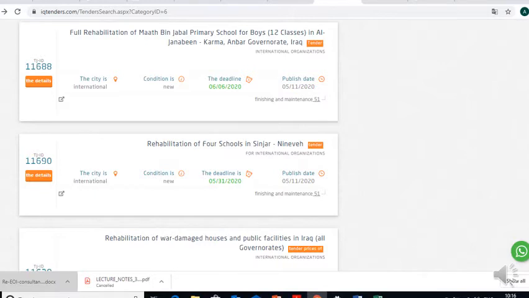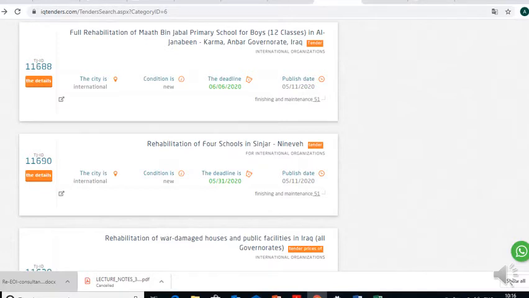So you don't need to look far here to realize there is a lot, and I mean a lot, of civil engineering opportunity in the north of Iraq. There is a lot, because after ISIS, after Daesh and the war, there is a lot of refurbishment and rehabilitation projects, and they just can't find good engineers and good construction companies to do this work.